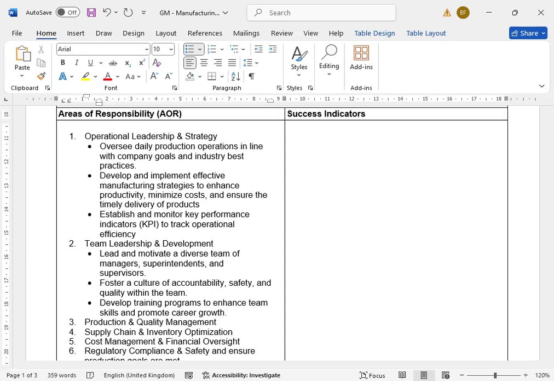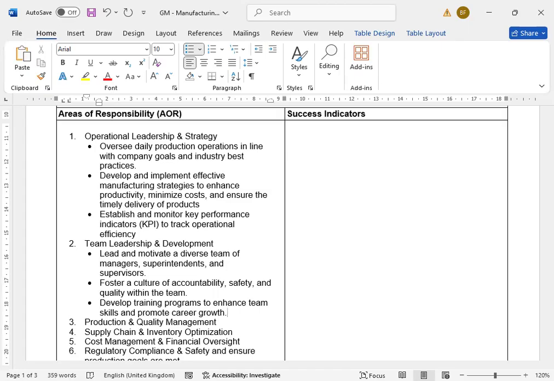The most important of all is promoting career growth, because this is what employees need. They want to grow. Some guys want to be managers in the future. They want to increase their compensation, to get good salaries in the future.